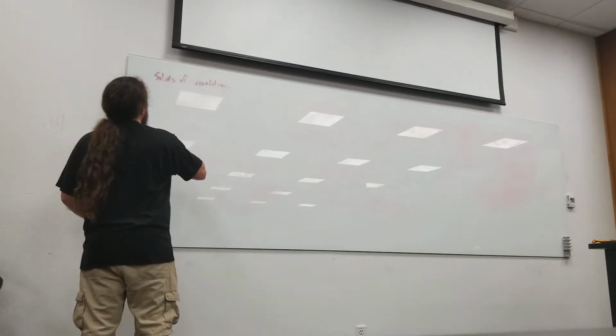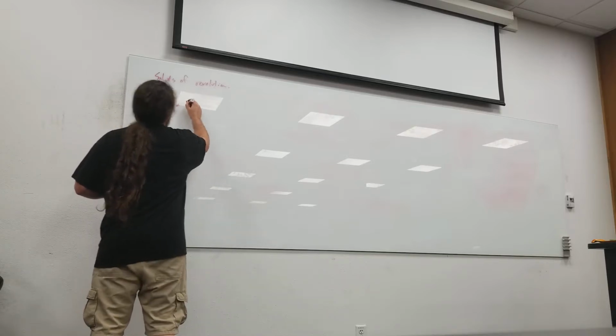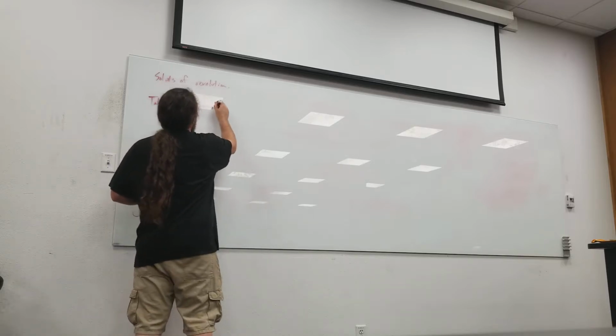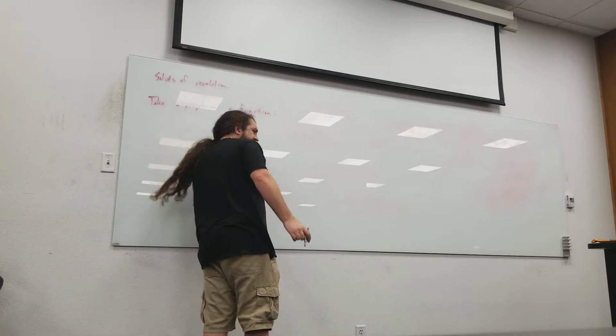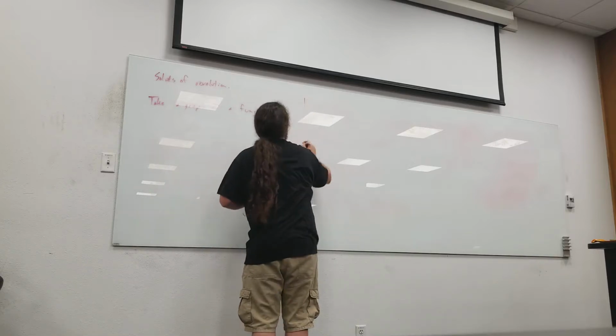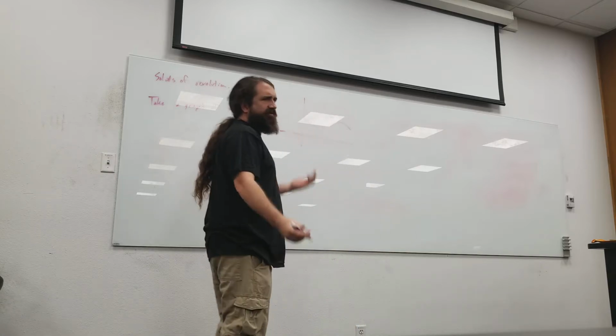So the idea behind a solid of revolution is to take a graph that you know, some kind of a graph, doesn't matter what it is.